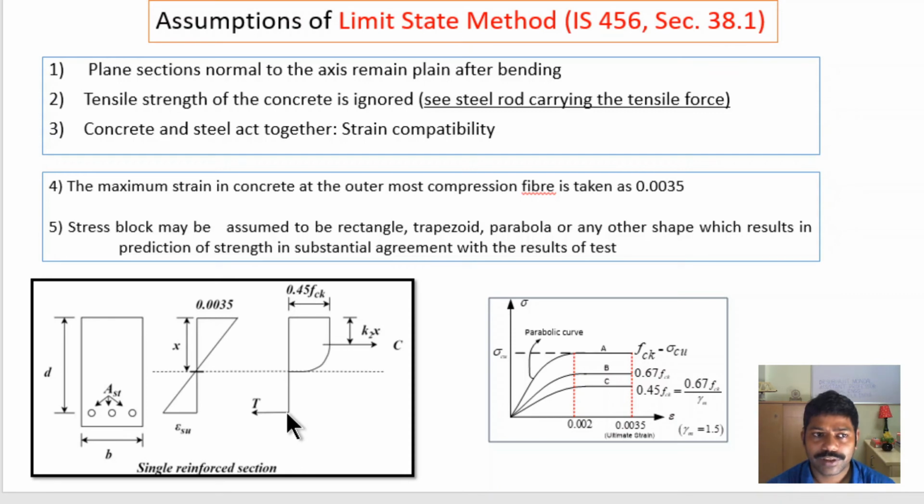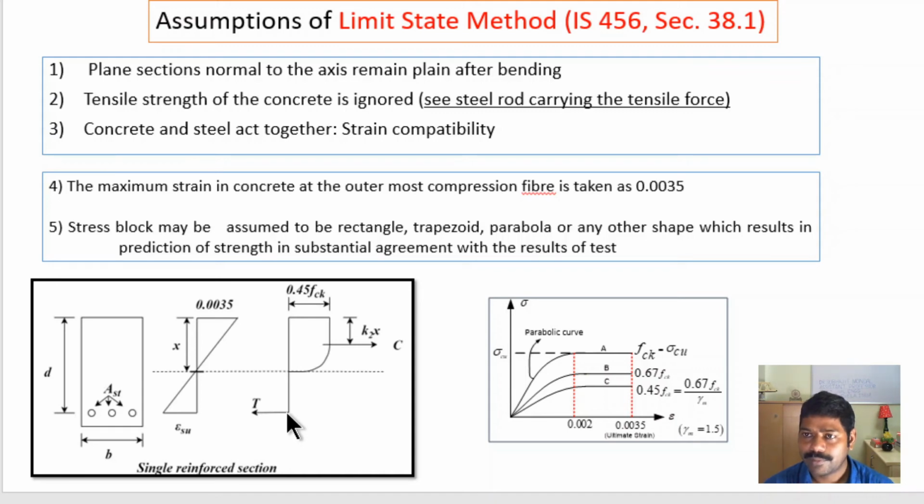Now the fourth assumption is saying that the maximum strain in the concrete at the outermost compression fiber is taken as 0.0035. When the concrete beam or concrete slab is bent or under compression, the maximum compression strain must be limited to 0.0035.